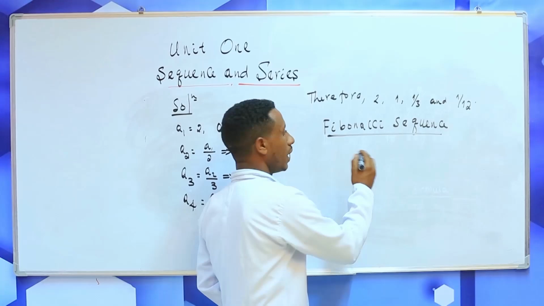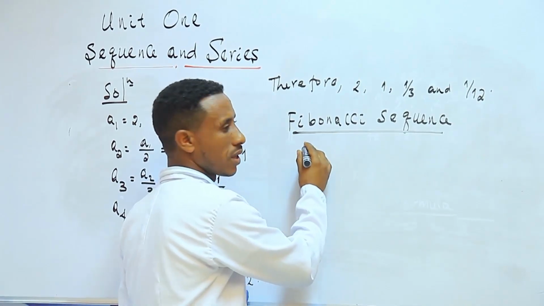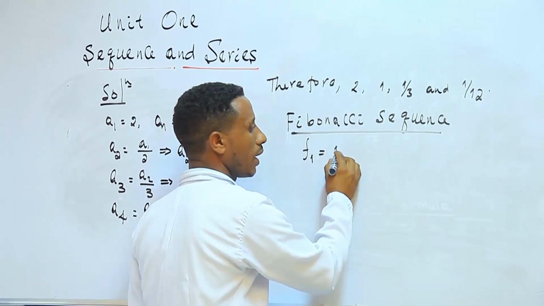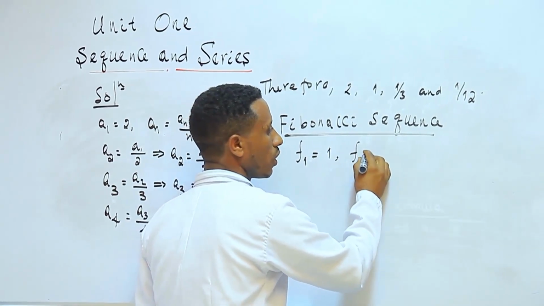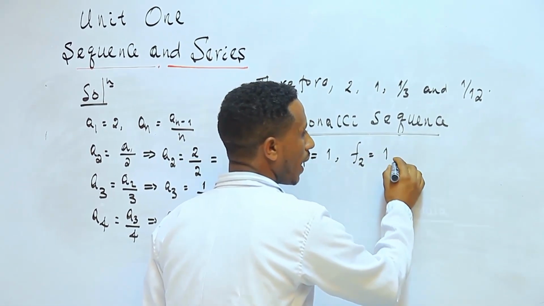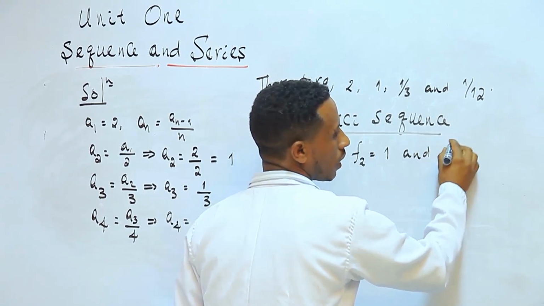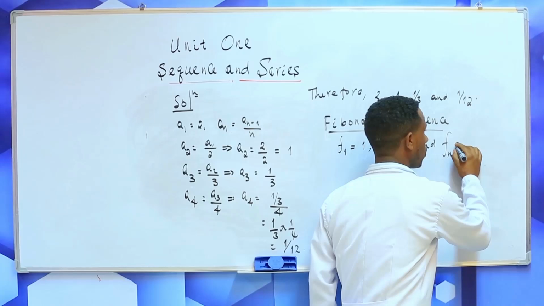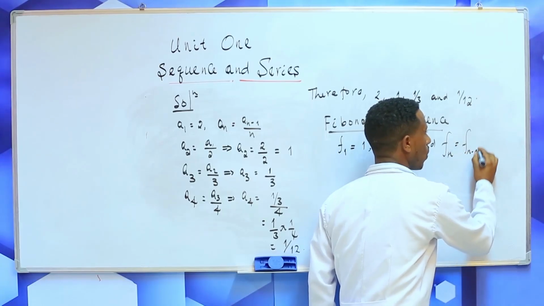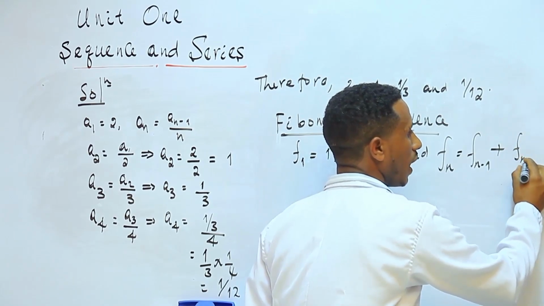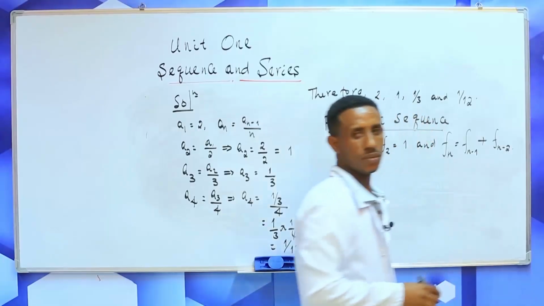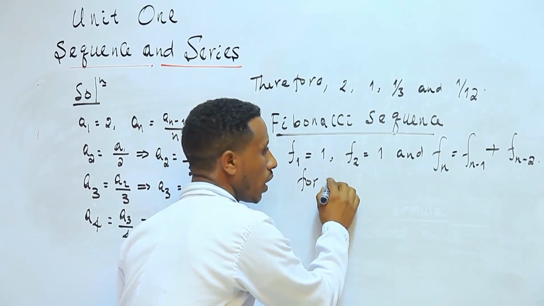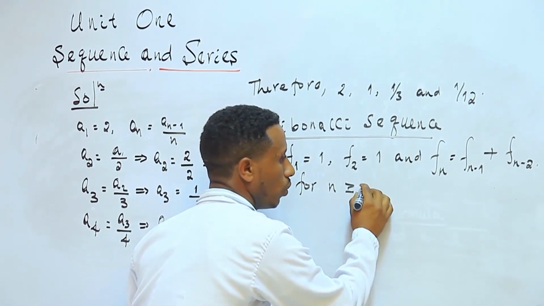This sequence is: F1 is equal to 1, F2 is equal to 1, and Fn is equal to Fn minus 1 plus Fn minus 2, for n greater than or equal to 3.